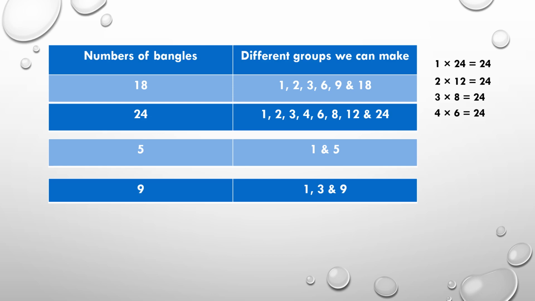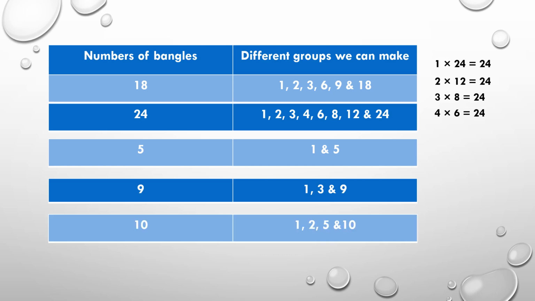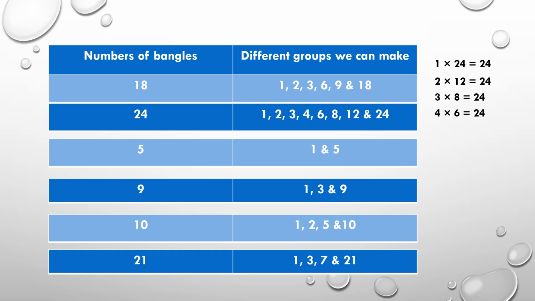Then for 10 bangles I can make groups of 1 bangle, groups of 2 bangles and groups of 5 bangles. Then also I can make a group of 10 bangles. And for 21 bangles I'll have groups of 1, groups of 3, groups of 7 and groups of 21 bangles.